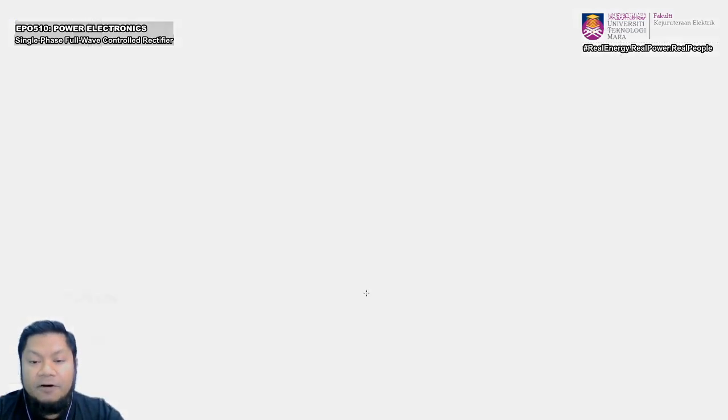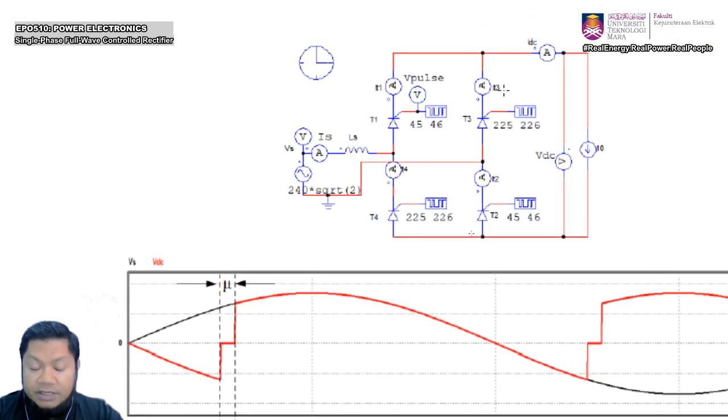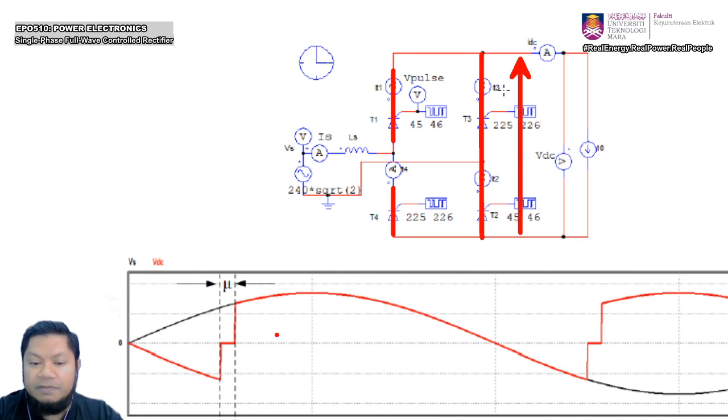Therefore, if you look at the output voltage, we said just now that all thyristors are on during that commutation interval. This will appear as a short circuit, and if you measure the output across that, you're going to see a short circuit, isn't it? And therefore the output voltage becomes 0.